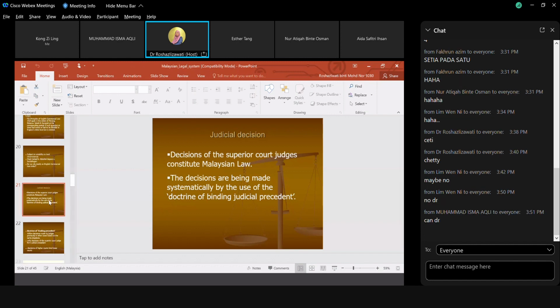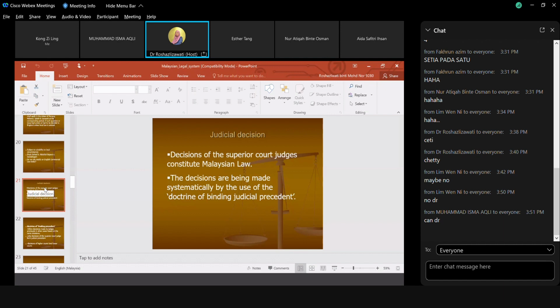Okay, judicial decision. We go to the judicial decision. Judicial decision is the decision by a judge, and the decision by the previous judge later on will be considered as precedent and will be followed by the current judge who is sitting right now. Decisions made by previous judges will be followed by the current judge when making a decision. This is normal.